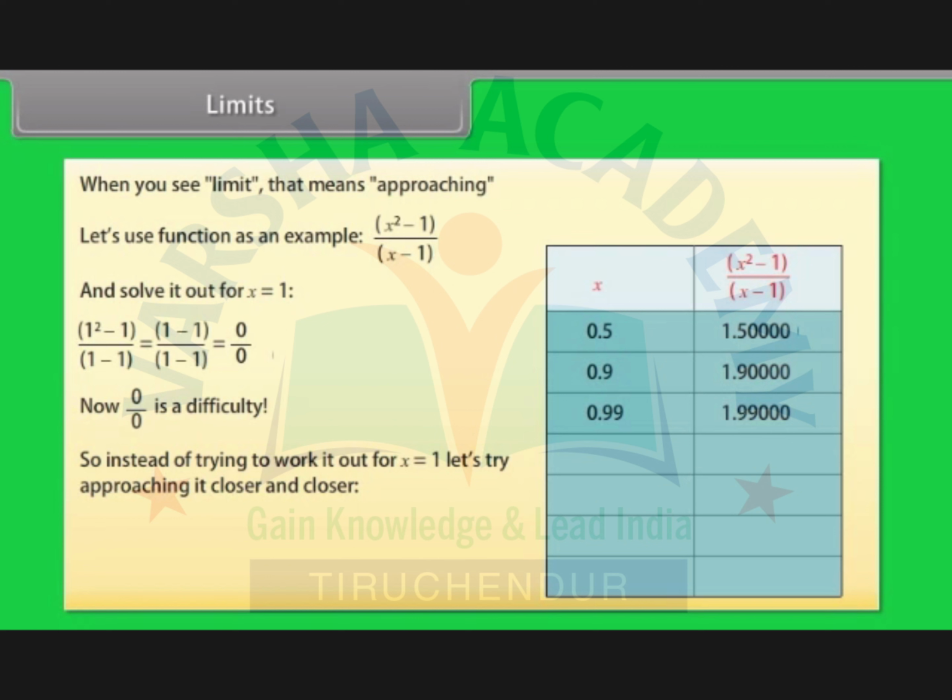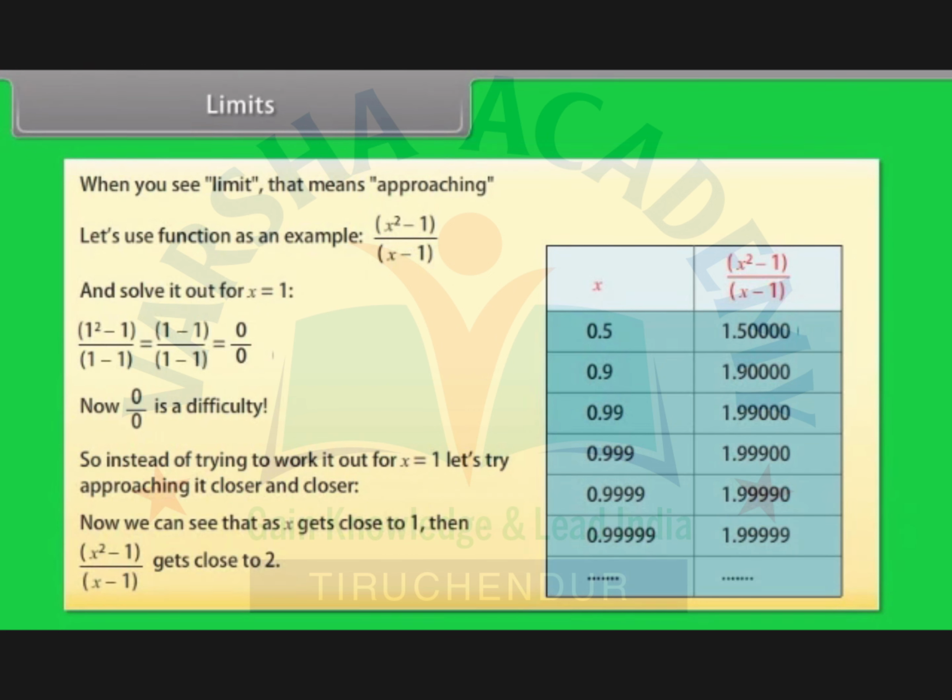For x is equal to 0.999, it is 1.99900. For x is equal to 0.9999, it is 1.99990. For x is equal to 0.99999, it is 1.99999.